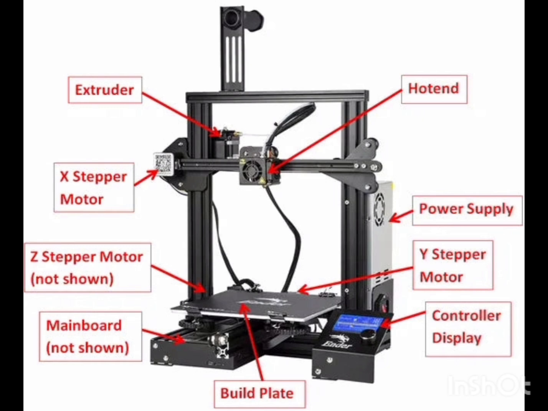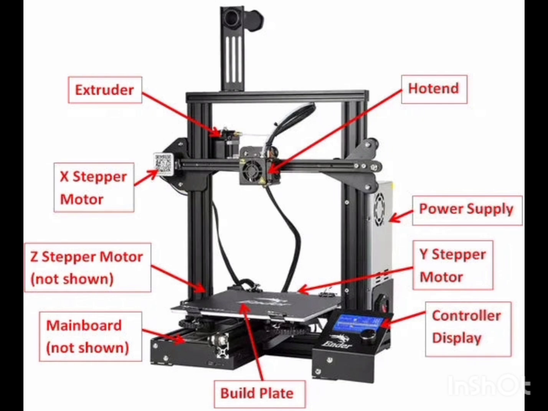That is, first is the build platform, then we have the resin vat, that is the tank, then FEP or ACF film, then ultraviolet light source, LCD screen or laser projector, Z-axis motor, guide rails, touch screen display, cooling system, power supply, USB, Wi-Fi connectivity, and control software. So each component contributes to the accuracy and reliability of the printing process.